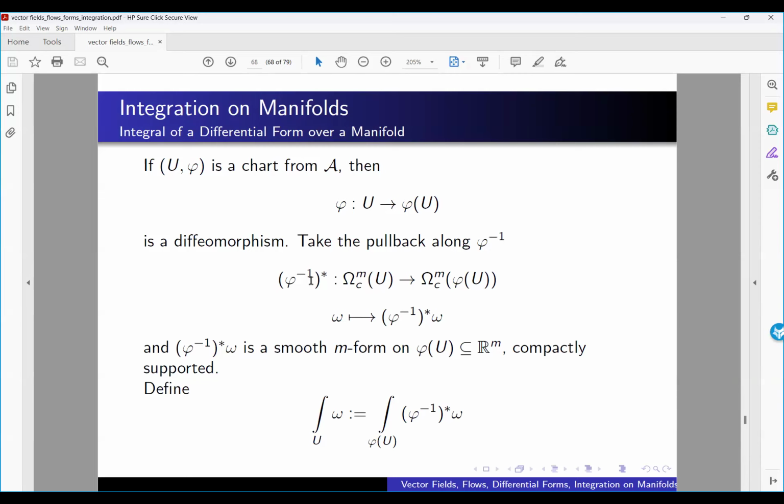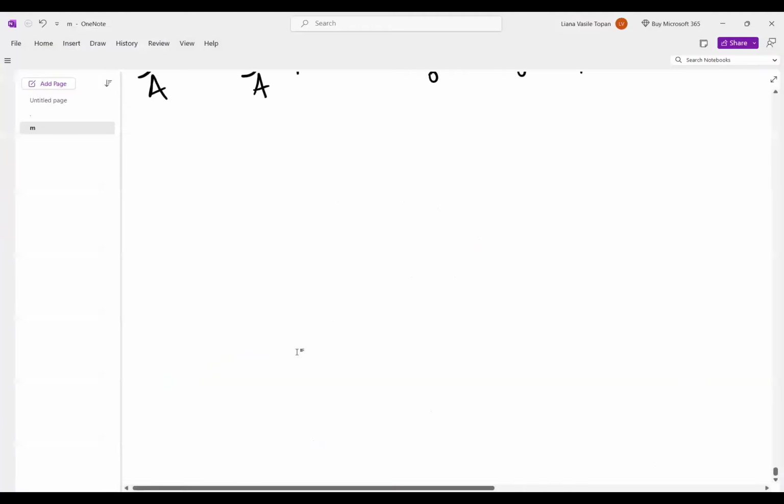Okay, so I'm going to write this down so I remind you a little bit of all these things. The day before yesterday was a long time ago. So suppose that you have an M-manifold, right?